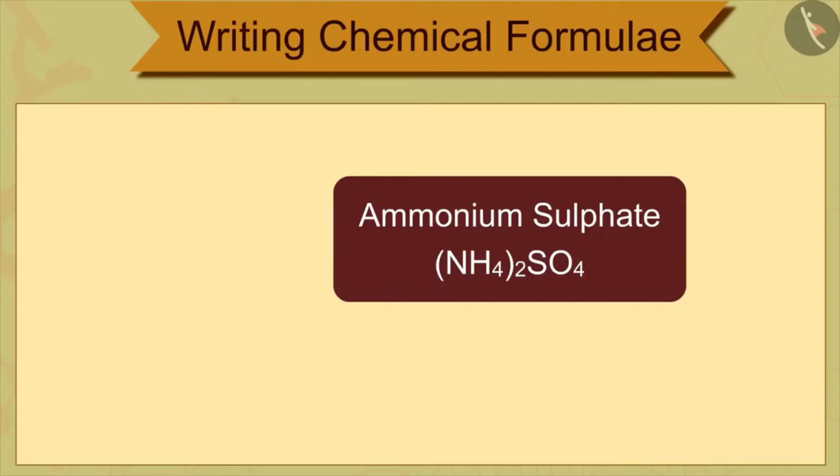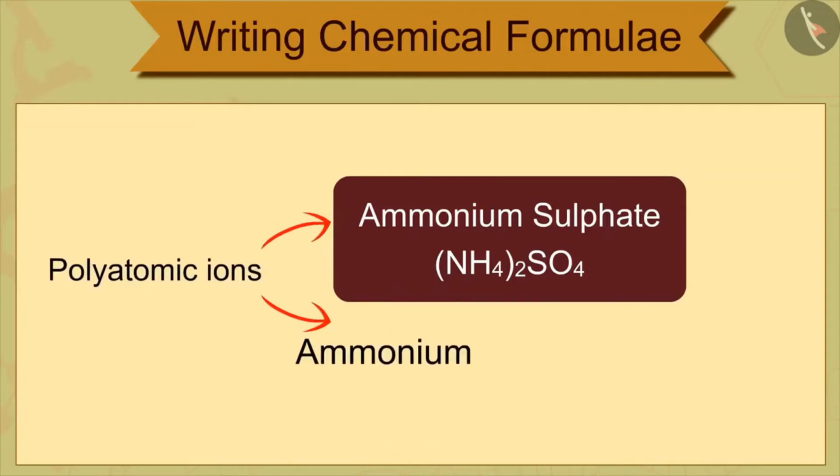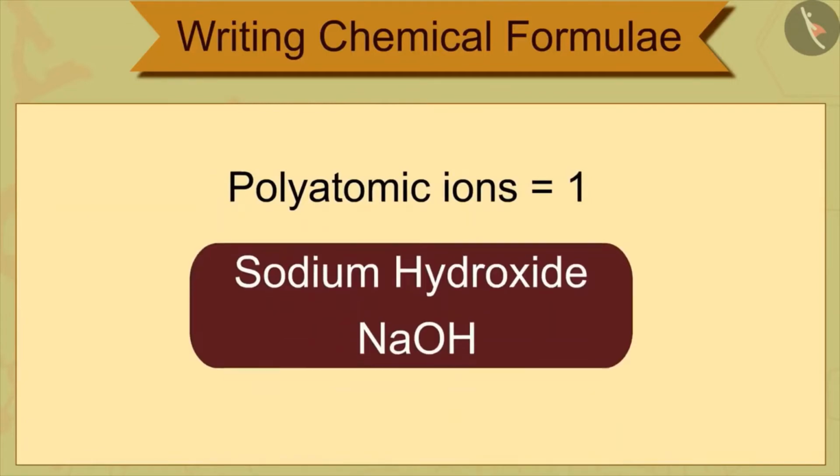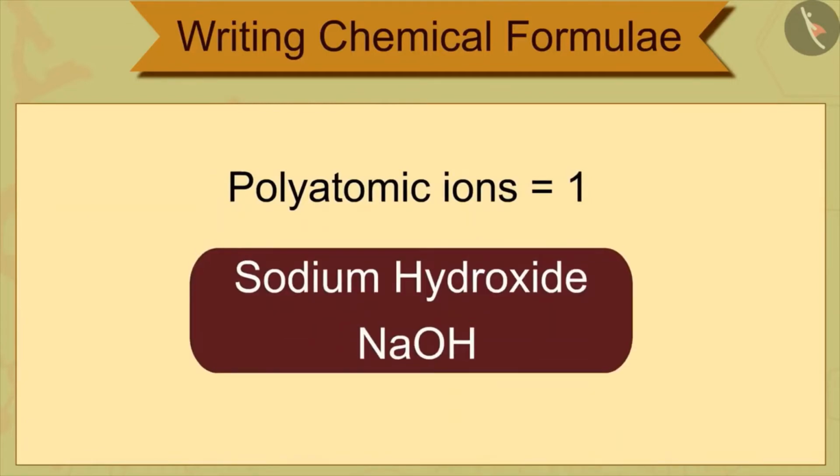Here, the number of polyatomic ions ammonium NH4+ is 2. So, we write it in a bracket. Similarly, if the number of polyatomic ions is 1, such as sodium hydroxide, NaOH, bracket is not needed here.